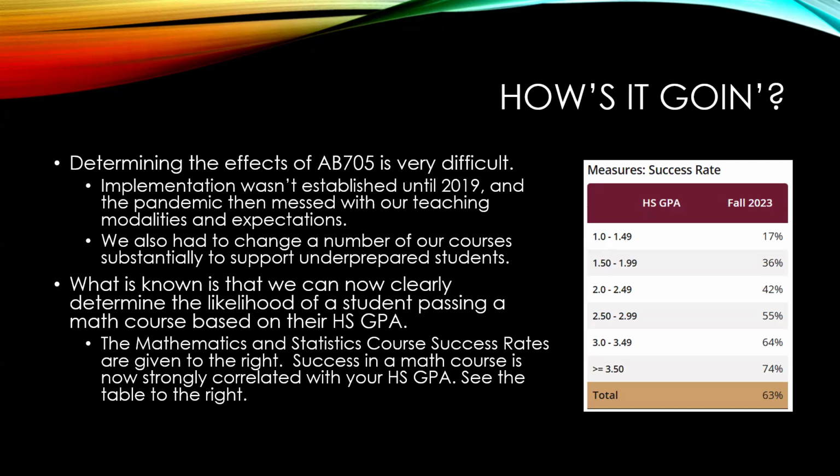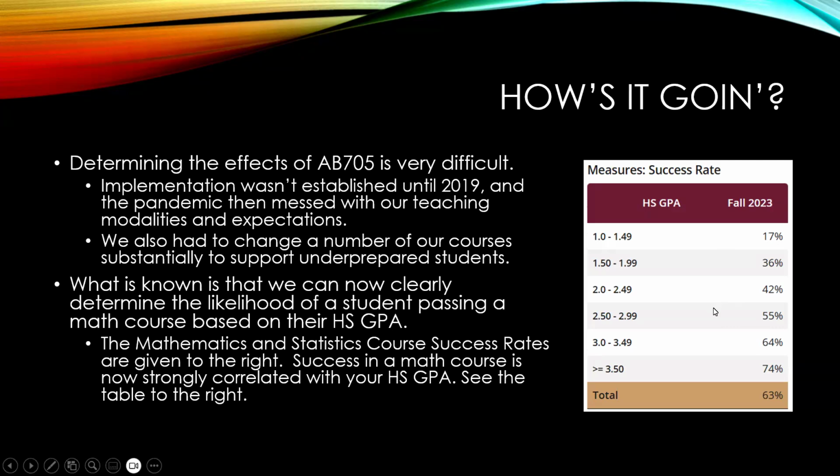What is known is that we can now clearly determine the likelihood of a student passing a math course based on their high school GPA. The mathematics and statistics course success rates are given to the right. Success in math course is now strongly correlated with high school GPA. And you can see it right here.